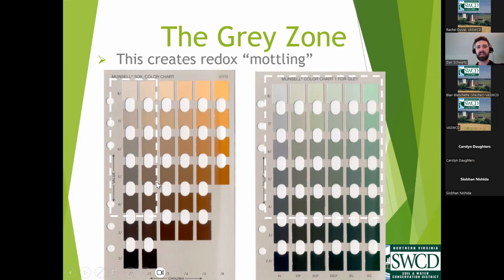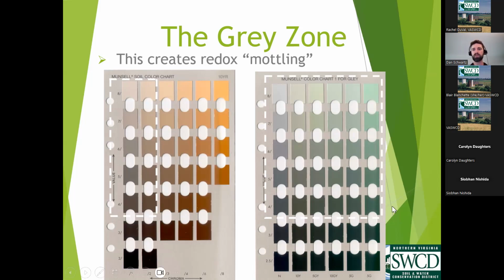That means from this column to the right. So basically, these chips that are isolated by this checked box right here, those are the ones that have that gray color, which is typically indicative of iron reduction, and iron reduction is indicative of saturation.